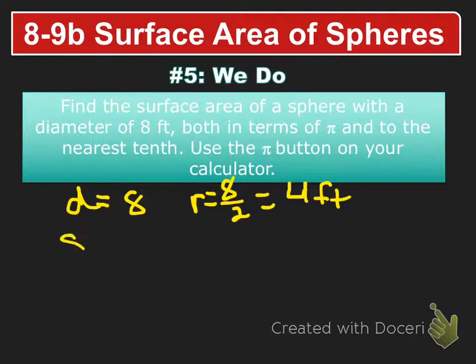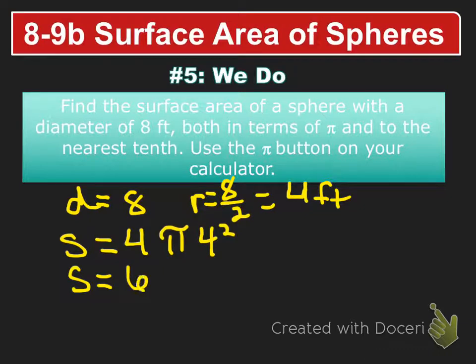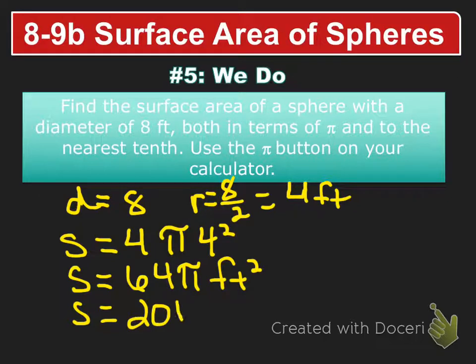So then to find the surface area, you're going to have 4 pi 4 squared, which is going to be 64 pi feet squared. And if you put that in your calculator, you're going to end up with 201.1 feet squared.